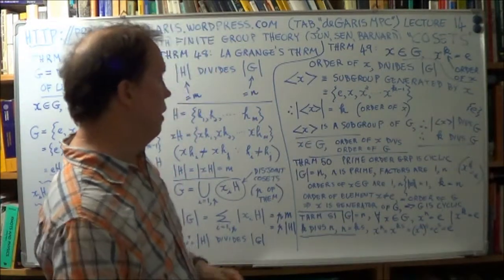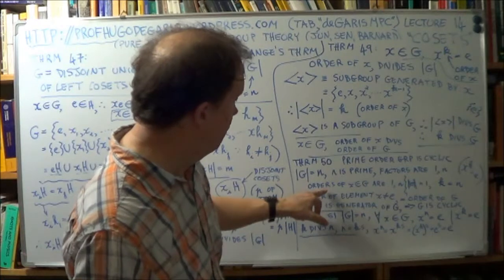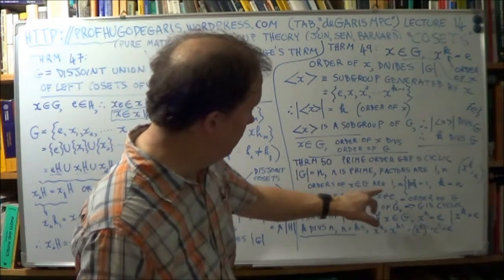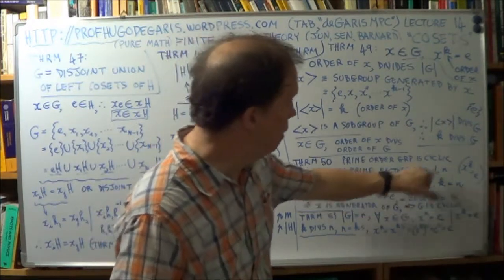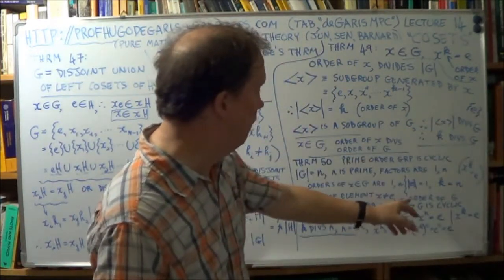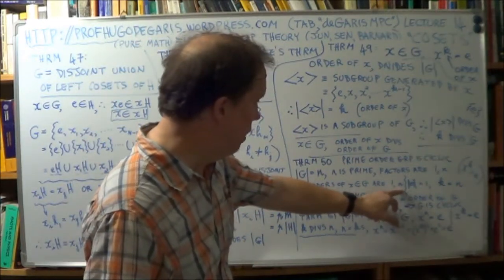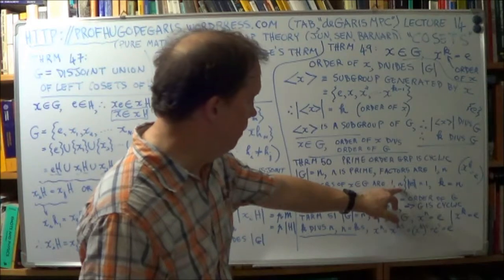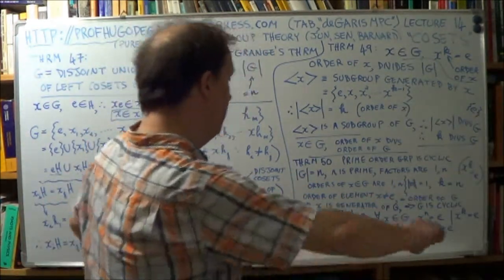So if your subgroup has size 1, then it has to be this, the trivial group. Now, the other factor of n is n, like the full group.